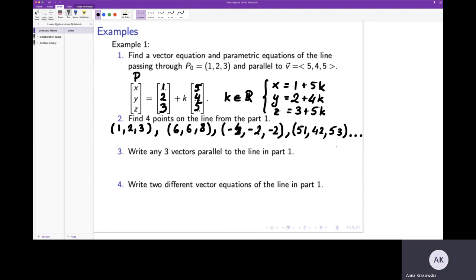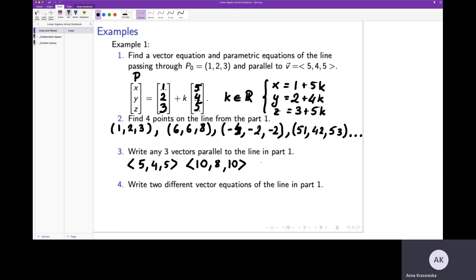Okay, so we know how to write different points. Now, can we write any 3 vectors that are parallel to that line? One vector we already know, that's (5, 4, 5). But if we multiply that vector by 2, (10, 8, 10), that vector will have exactly the same direction, just twice as long.